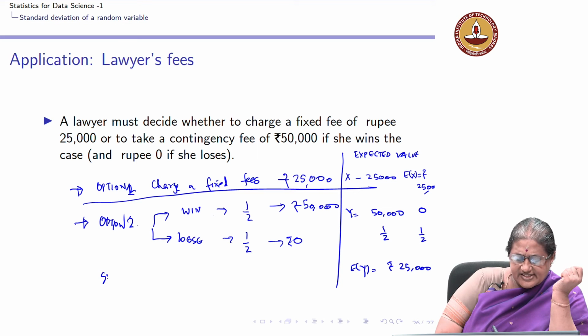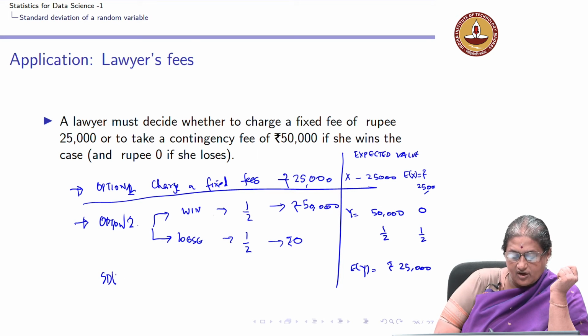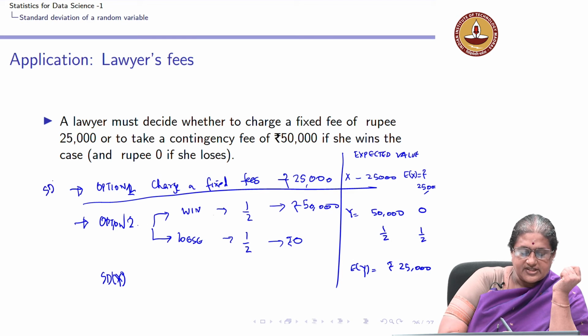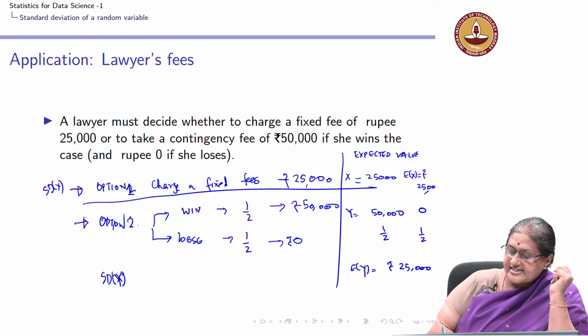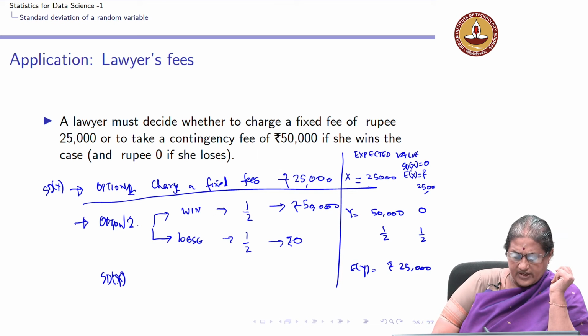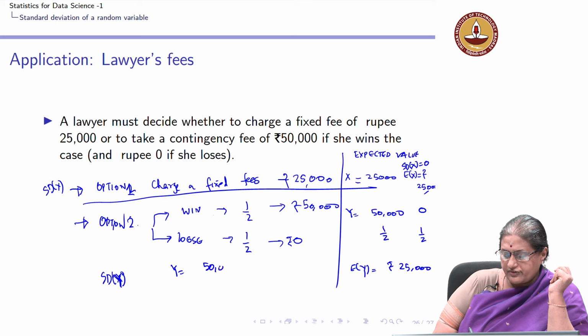Now let's look at the standard deviation of X and standard deviation of Y. X takes only one value, hence the standard deviation here is equal to 0. Whereas when I look at standard deviation of Y, Y takes the value 50,000 and 0 with equal probabilities.